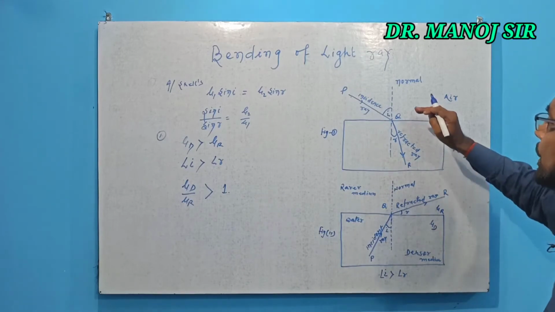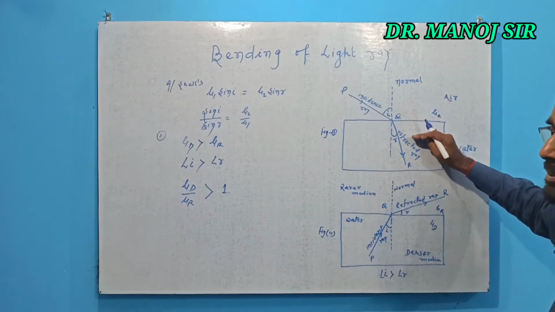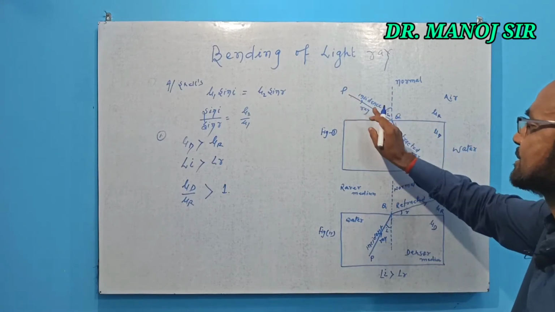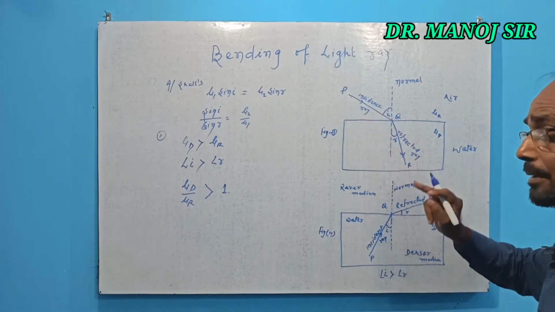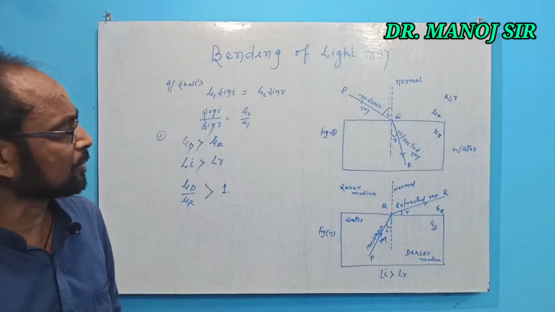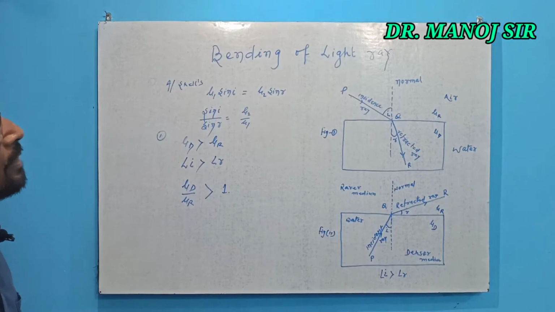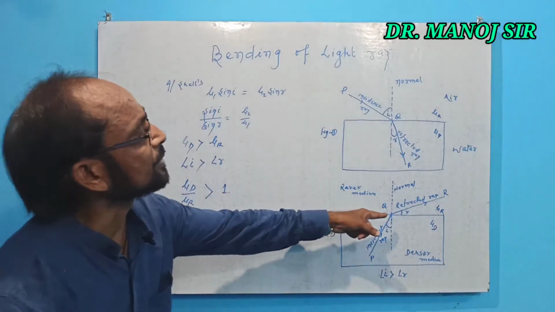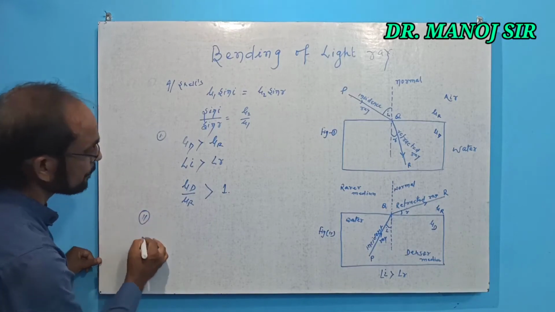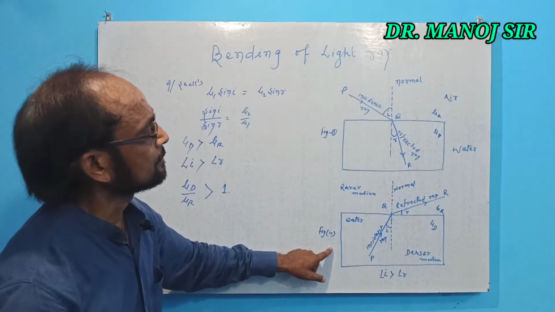So, when the medium of a propagated incident ray is changed, it either bends towards the perpendicular or far away from the perpendicular. Now point 2 for the second figure.